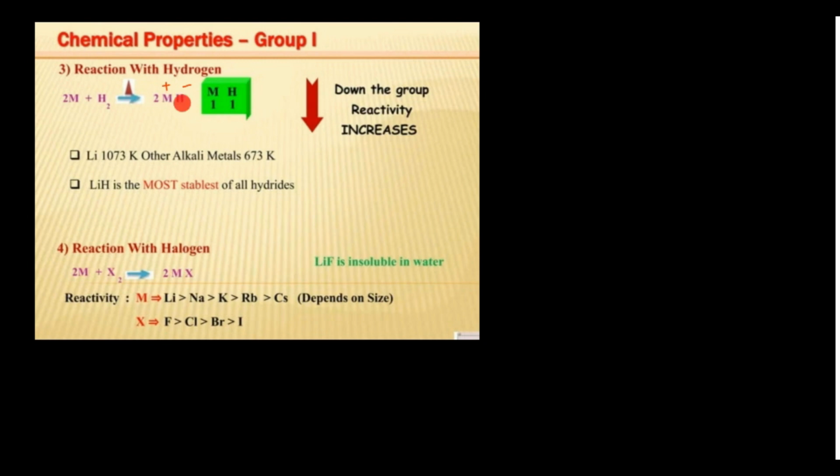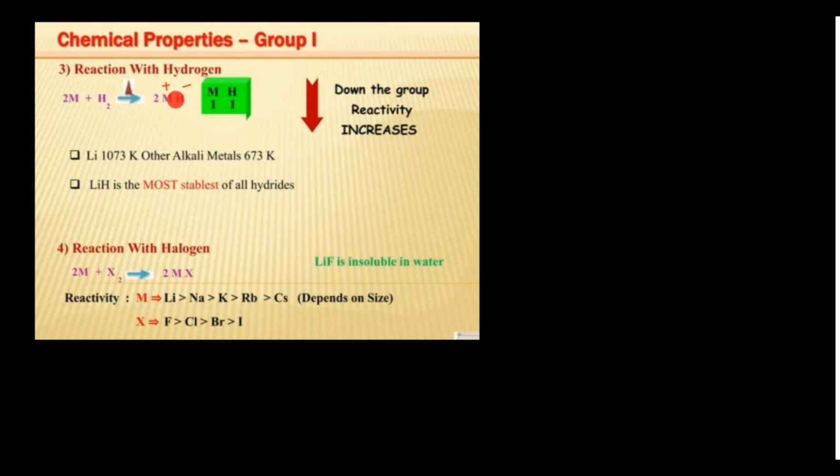Okay, hydrides of such type like MH, like LiH, NaH, KH, right, except francium, while all other hydrides they are generally colorless crystalline ionic solids. Okay, and why they are ionic? Because I already told you this, your hydrogen is negatively charged and metal is the positive charge, so it is ionic in nature.